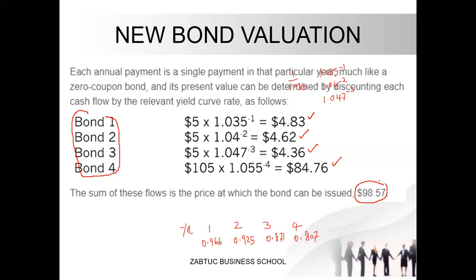So if a company wants to issue a bond and they want to pay a 5% coupon rate for the next 4 years, given those spot yields, this bond must be sold at 98.57.